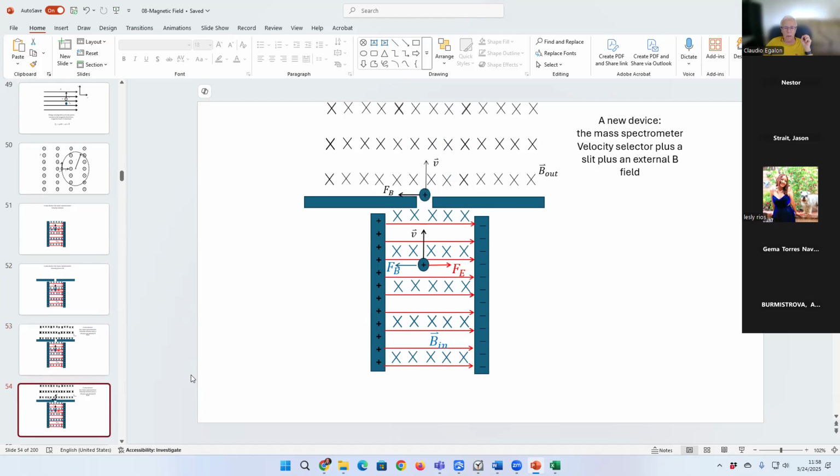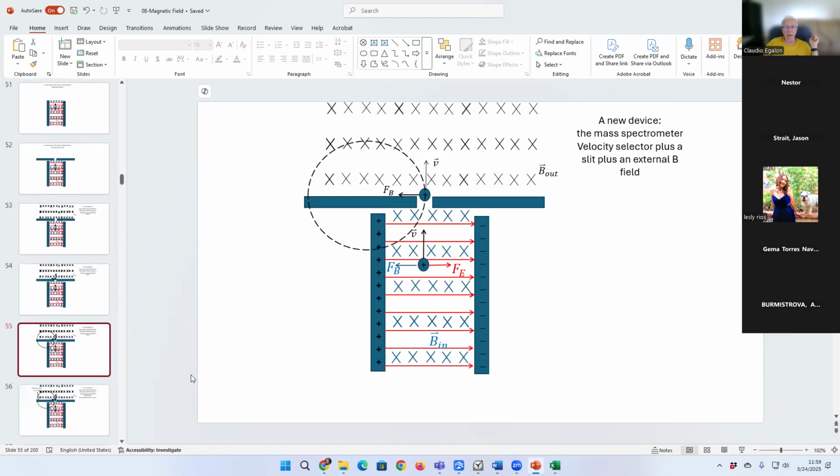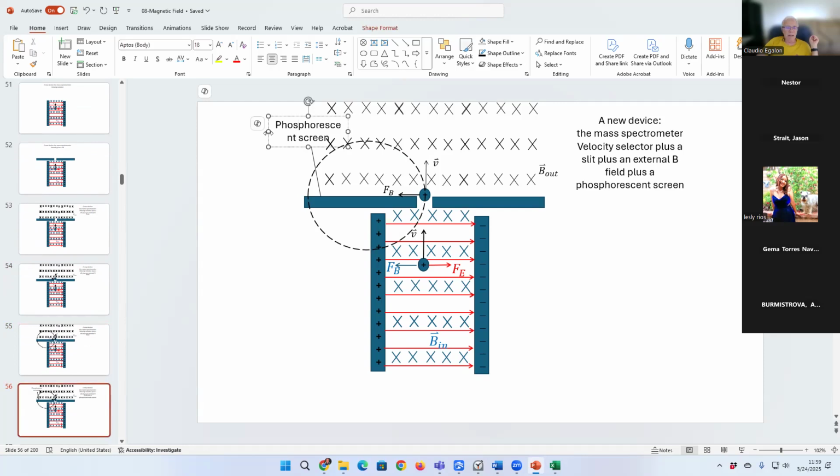So once the charged particle exits the velocity selector, it is subject to a magnetic field only. The particle is going to describe a circular path outside the velocity selector. And just like before, we have this phosphorescent screen to visualize the place where the charged particle impacts.